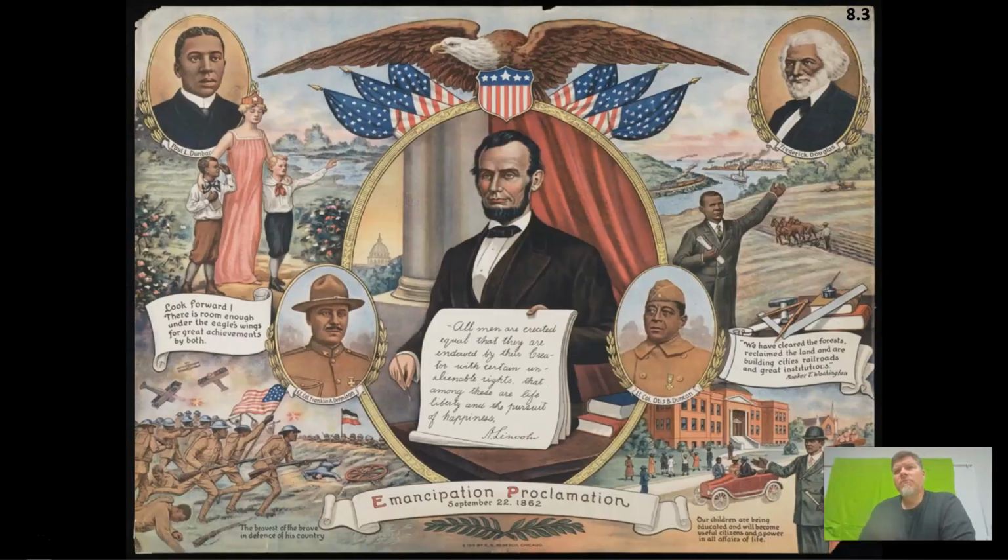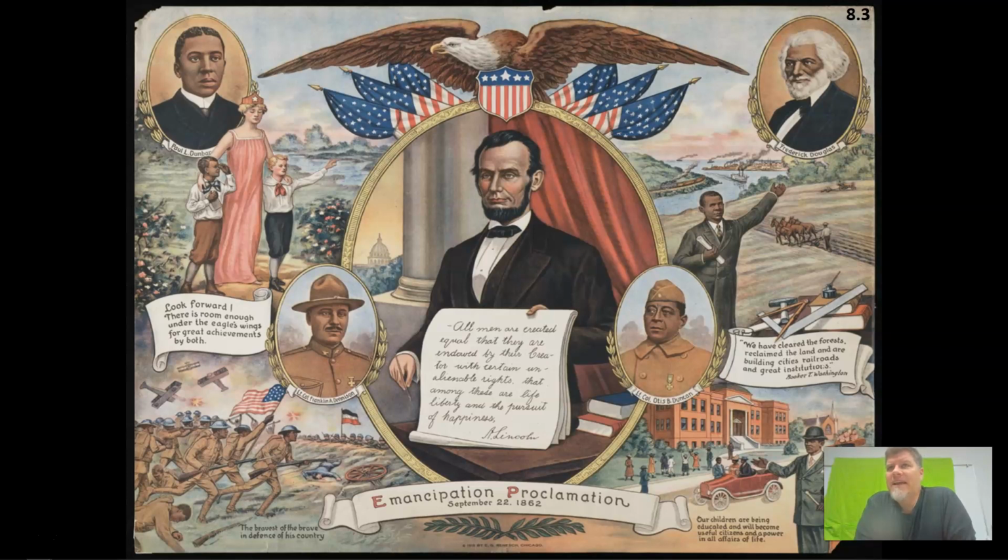But certainly one of the big legacies of Abraham Lincoln is the Emancipation Proclamation that he issued in January of 1863. You'll notice it says September 22nd, 1862. That's when he first informs the nation of this. Many people already know about it. Many people within the government know that this is his plan.